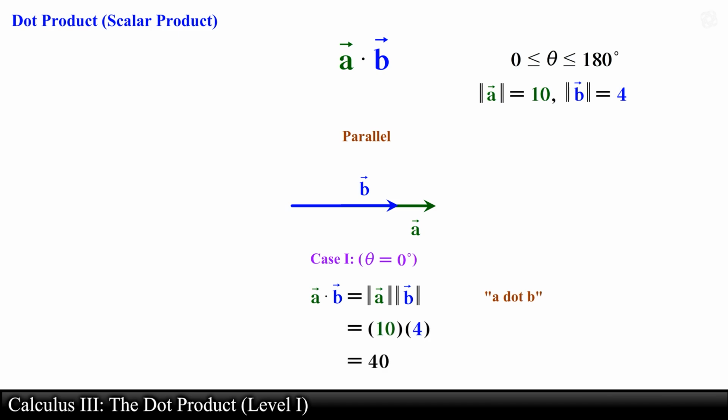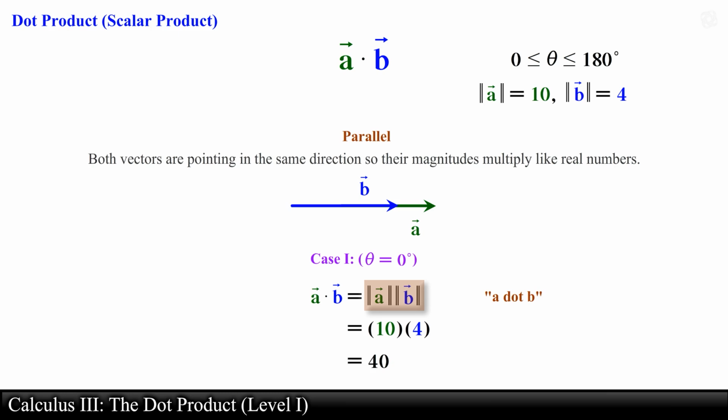Now, the only reason why we were able to multiply the magnitudes was because both vectors were pointing in the same direction, so their magnitudes multiply like real numbers. Unfortunately, vectors are rarely lined up and point in the same direction. So, now we need the scalar product to account for potential differences in direction.